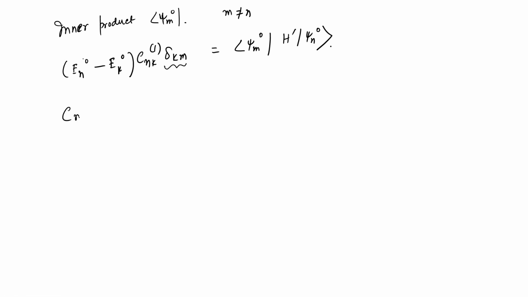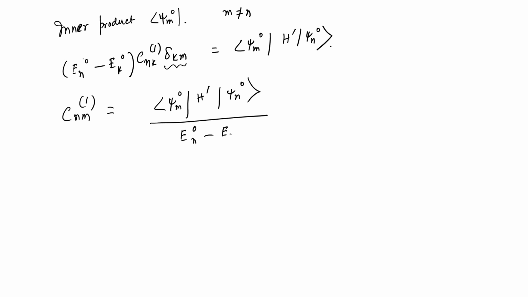So, we have C n m 1 equal to psi m 0 h prime psi n 0 divided by E n 0 minus E m 0.